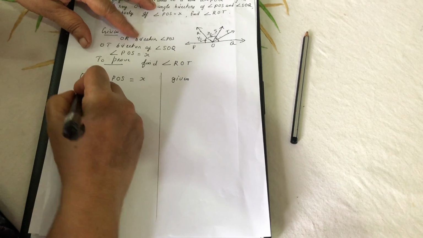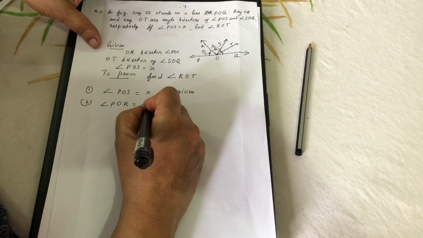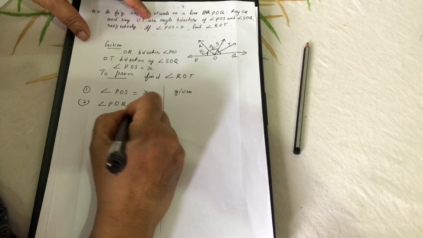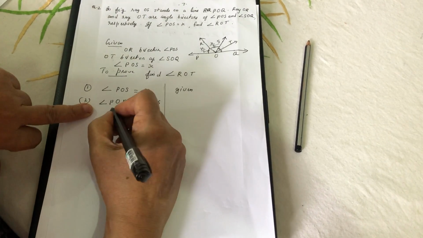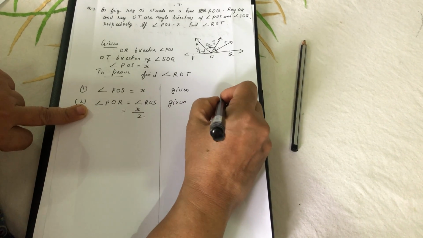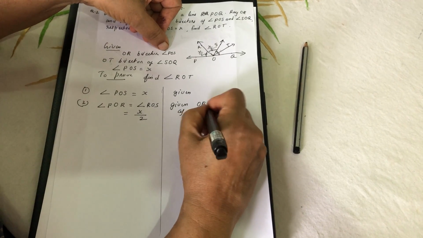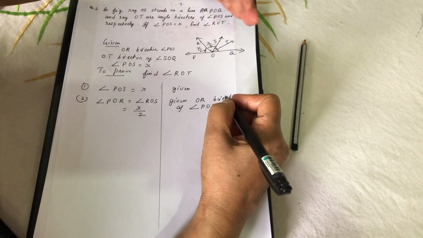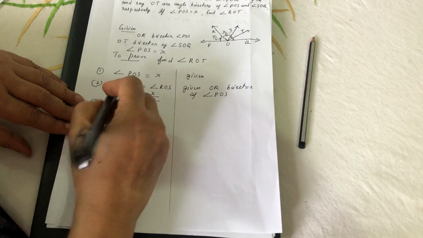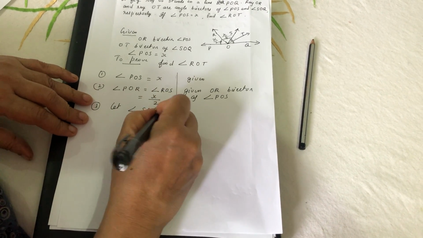Therefore angle POR equals angle ROS equals x by 2. Why is it x by 2? Because it is given OR is the bisector of angle POS. Since it is a bisector, it divides it into two equal parts. Now the third one, we can take angle SOQ as y.